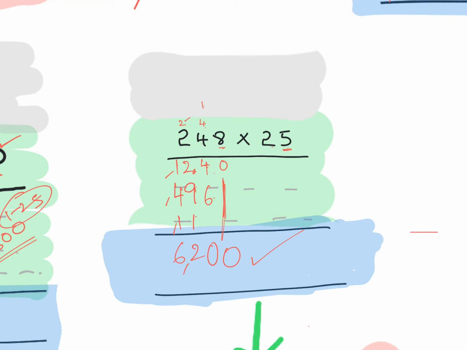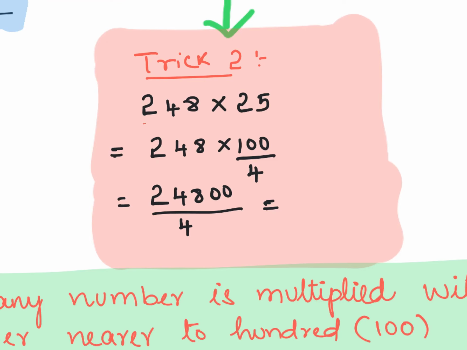But this can be solved in a much easier way if you know division well. Let us see that. Here is the alternative way: 248 into 25, the same question. So 248 multiplied by 25 can be written as 248 multiplied by 100 by 4. Why do we write 25 as 100 by 4? Both are equal. How?